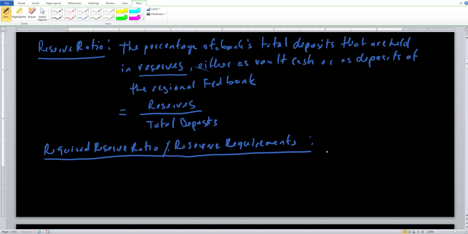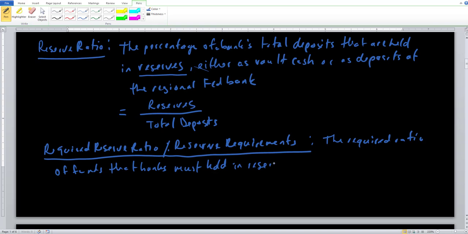So the required reserve ratio or the reserve requirement is the required ratio of funds that banks must hold in reserves against deposits.